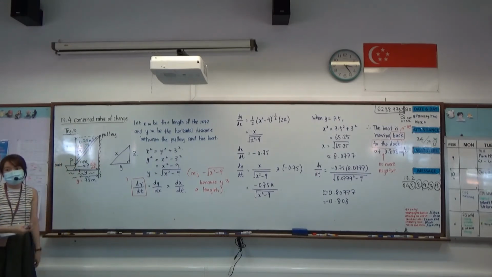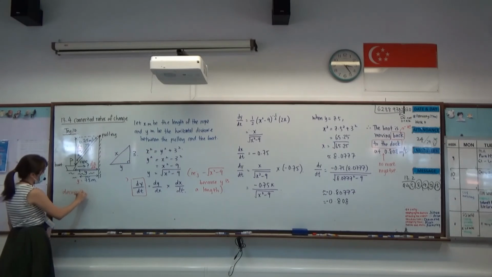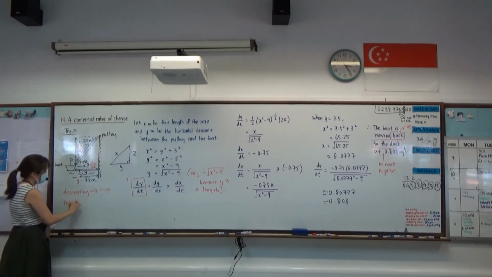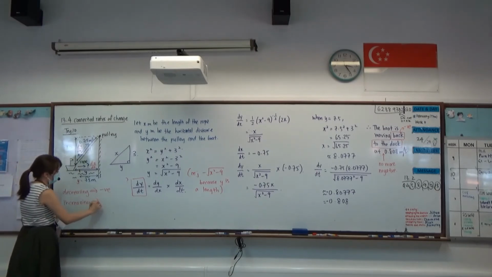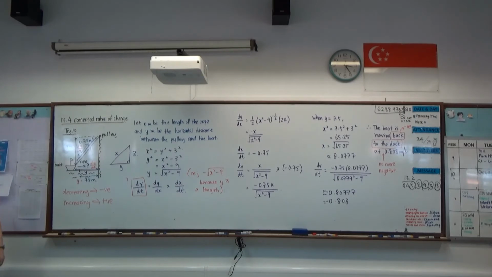It's getting shorter, so we recognize that when it's getting shorter, it's decreasing, so we put it as negative. Our concept was that decreasing is negative, increasing will be positive. Any other questions?